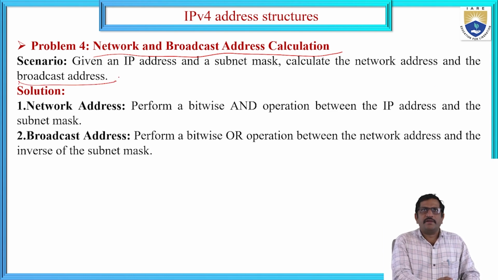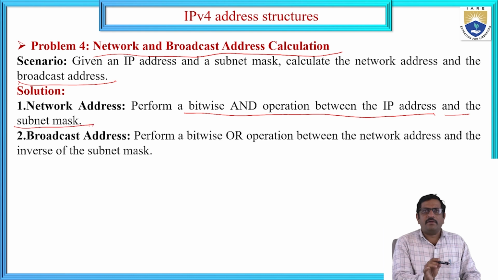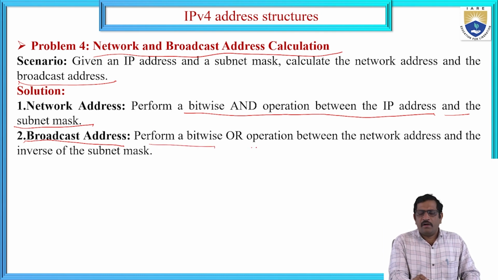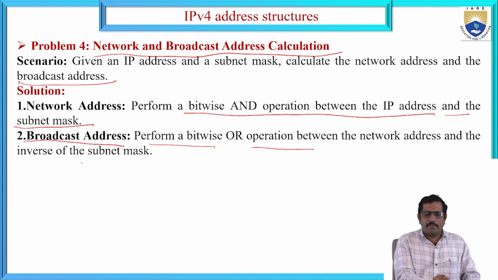The solution is, for the network address, perform a bitwise AND operation between the IP address and the subnet mask. For the broadcast address, what we are doing is performing a bitwise OR operation between the network address and the inverse of the subnet mask.